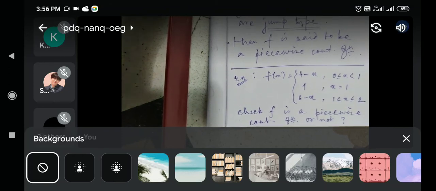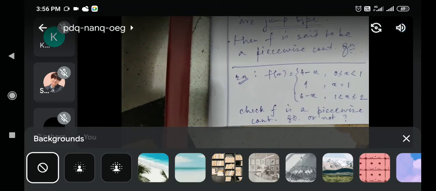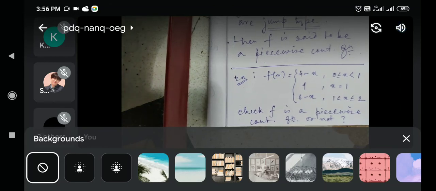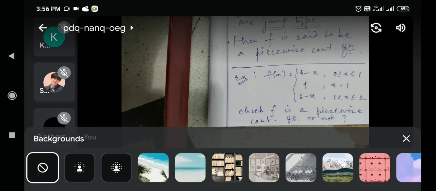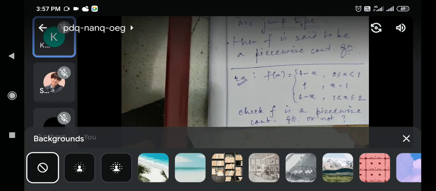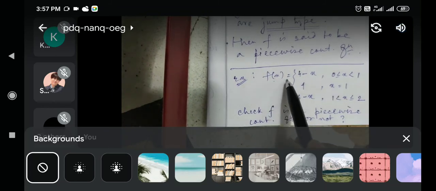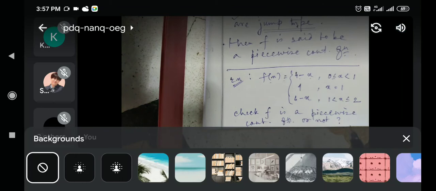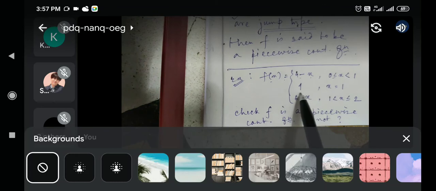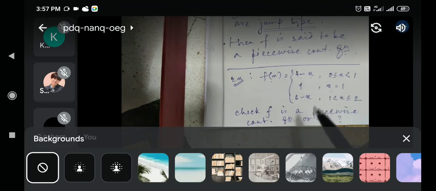Now at first, someone tell me what is the interval here, that is, where the function is defined. The question is f of x equals 4 minus x when 0 is less than or equal to x less than 1, then 4 when x equals 1, and 6 minus x when 1 is less than x less than or equal to 2.